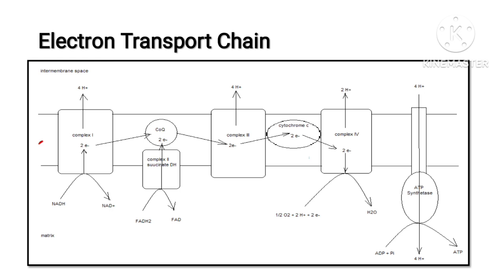They are arranged sequentially. As you can see in this picture, this is the inner mitochondrial membrane and this is the intermembrane space, that is the space between the inner mitochondrial membrane and the outer mitochondrial membrane. And this is the inside of the mitochondria, called the matrix.